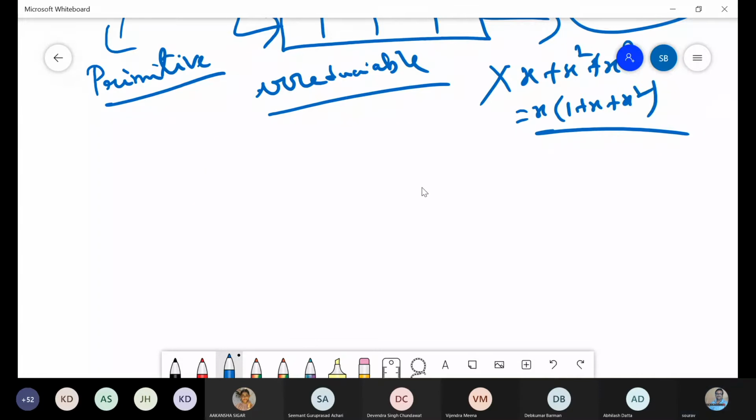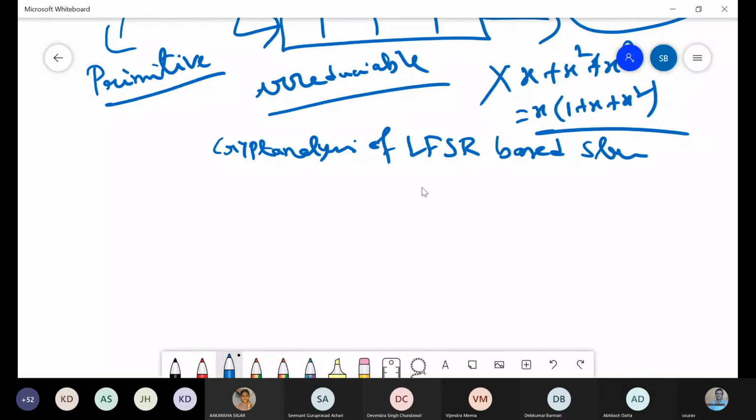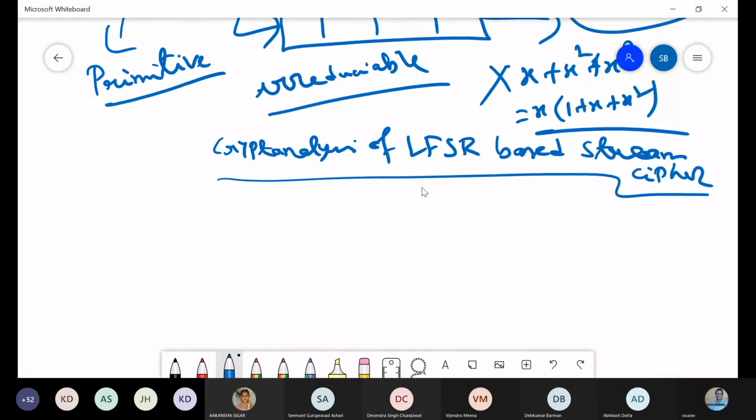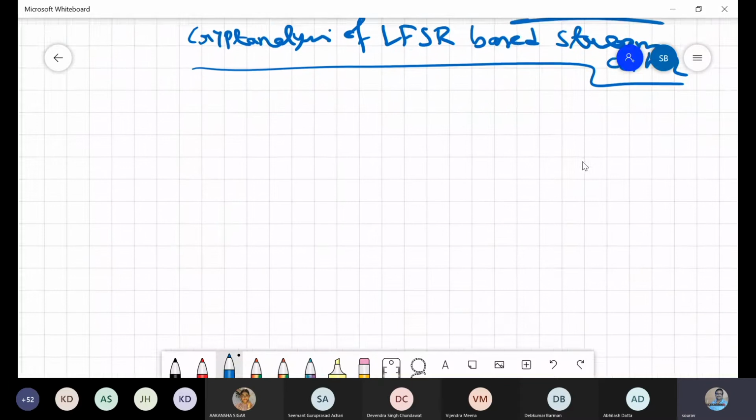So this is called cryptanalysis of LFSR based stream cipher. Cryptanalysis will be done by Oscar, the bad guy.